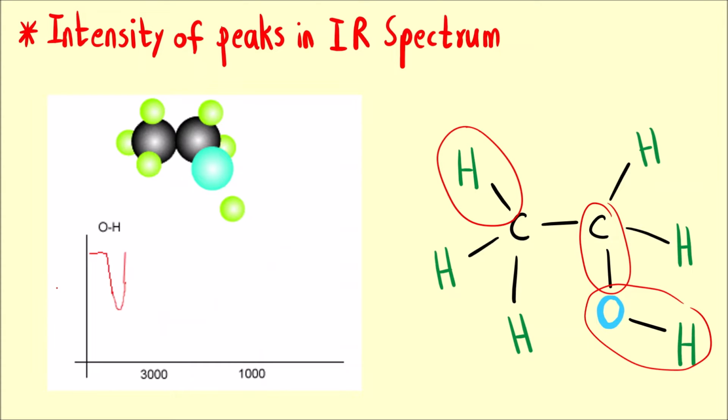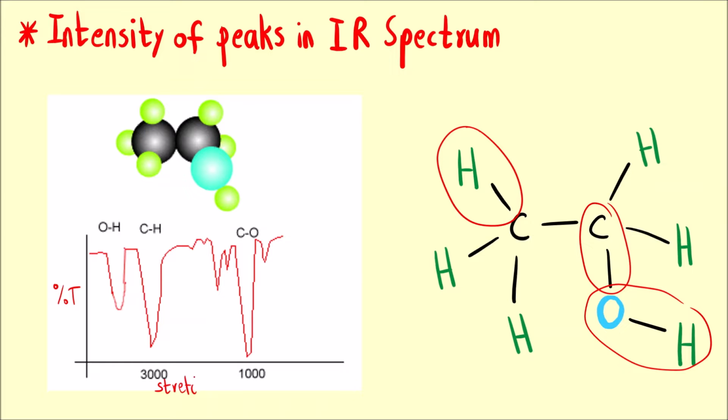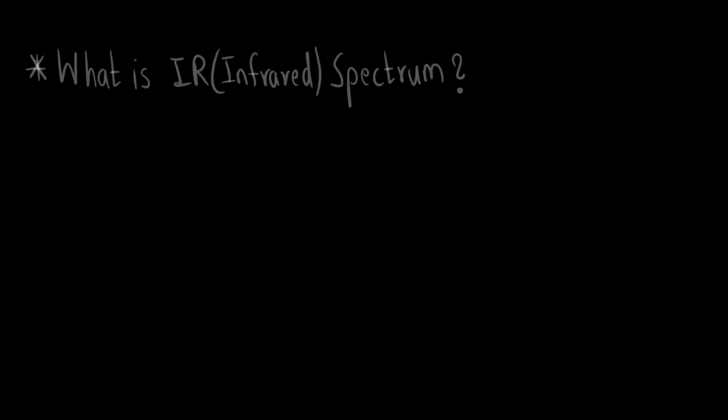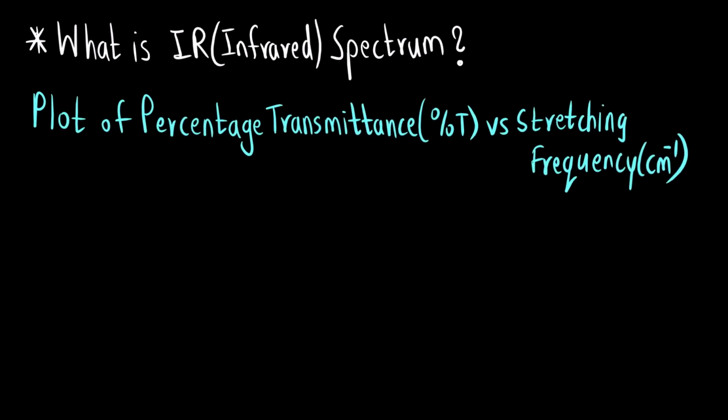So this is a plot of what? This is a plot of percentage transmittance versus stretching frequency. Now the question is why these peaks are inverted, that we'll see in a moment. So what exactly is infrared spectrum? It is a plot of percentage transmittance versus the stretching frequency in centimeter inverse.